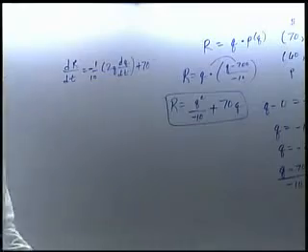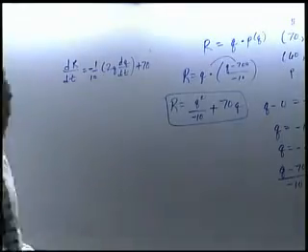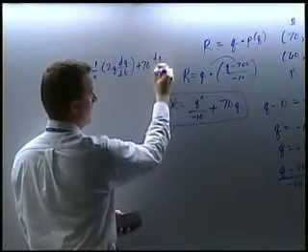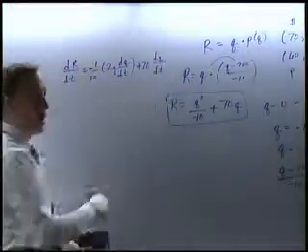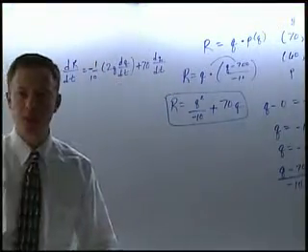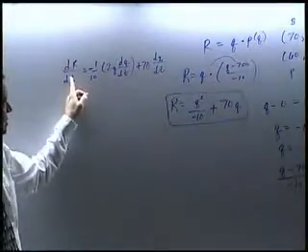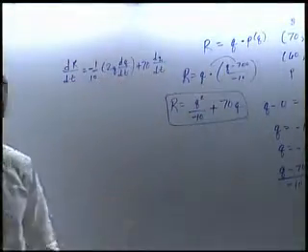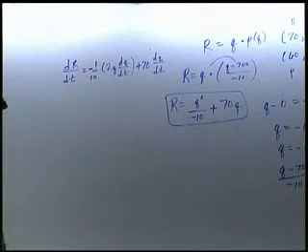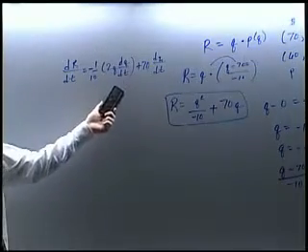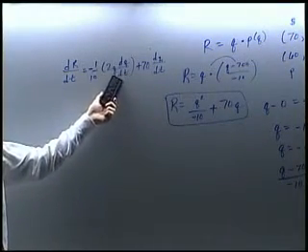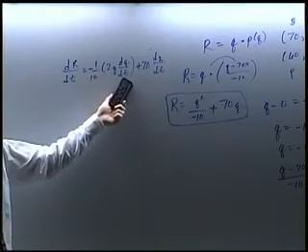And what else do I need? dQ/dt. Everything's got some type of rate of change attached to it because we don't have any T variables in here, so we're going to have all these dR/dt's and dQ/dt's. Now we need to go back to the problem and figure out a value for Q and a rate of change for Q.